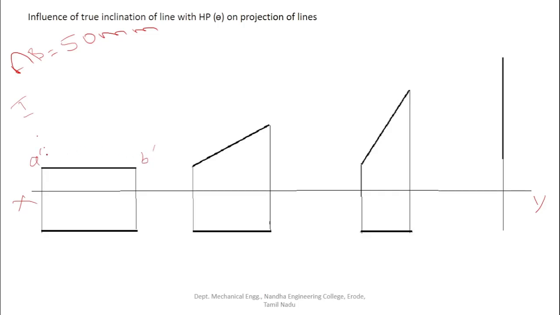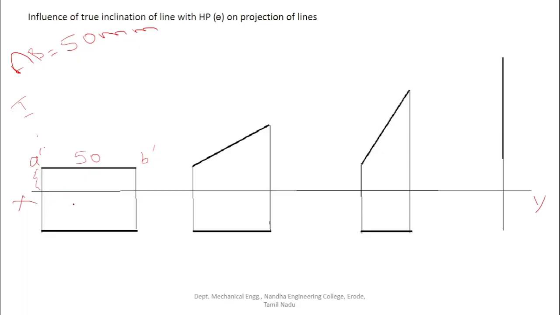As the line is parallel to VP, the front view gives the true information, so the length of the front view is 50 mm. The line is some distance above HP, but it is not necessary to discuss. This is the distance between the line and the HP. As I already mentioned, while we discuss the front view, the XY line should be treated as HP.